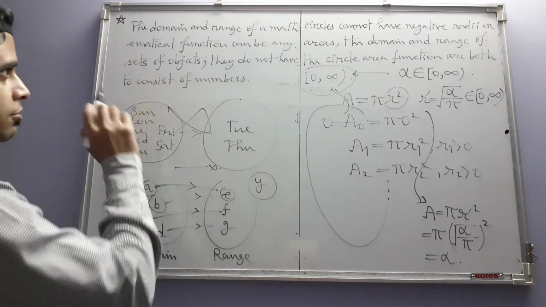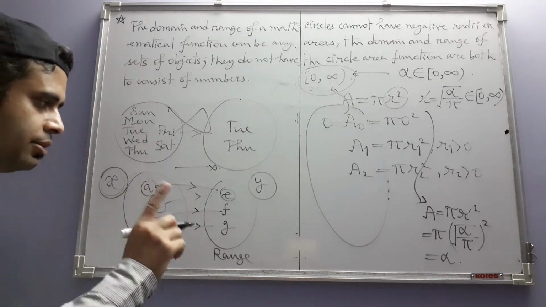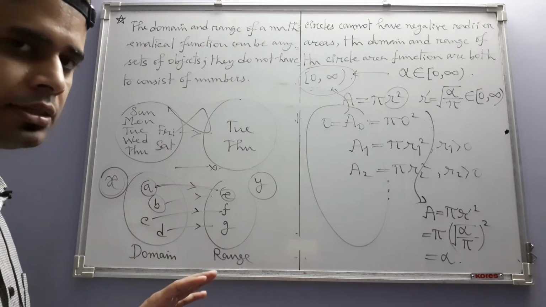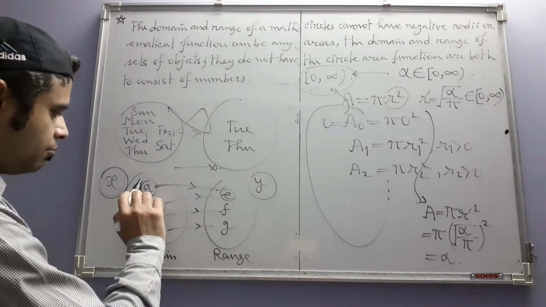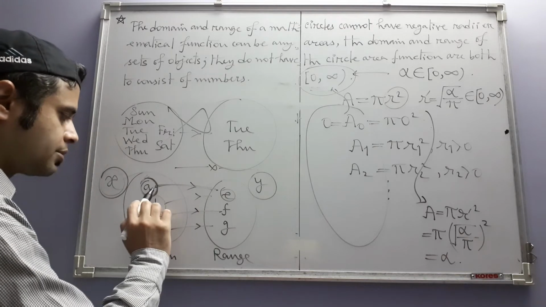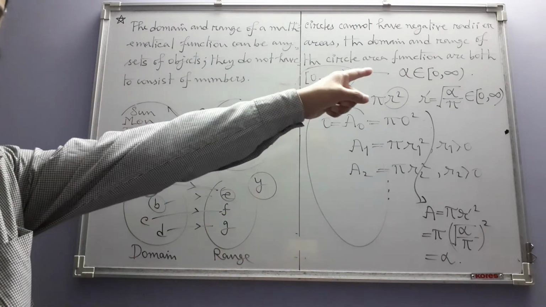Note that for each value of x, there must be a unique output. For two different values of x, you may get the same output. That is not a problem. But once you choose one single value of x, for that you should not have two outputs like what we had there.